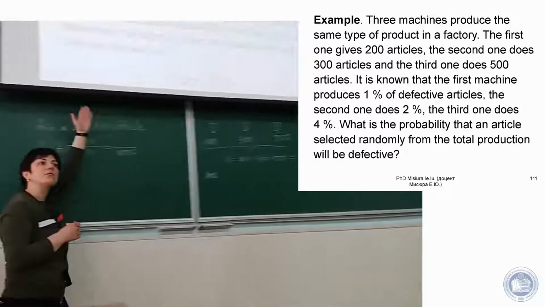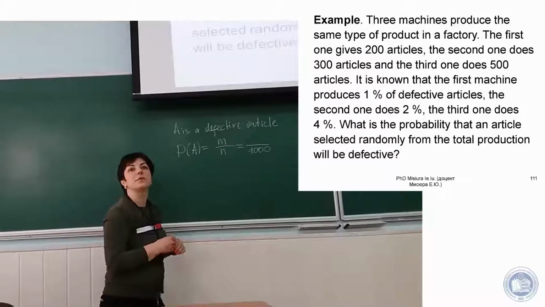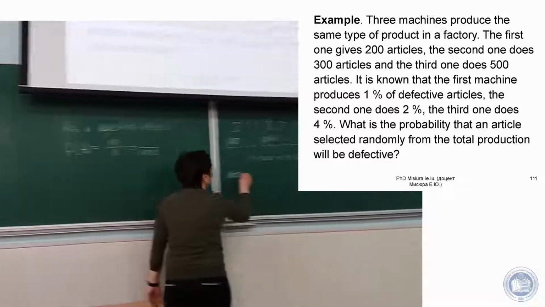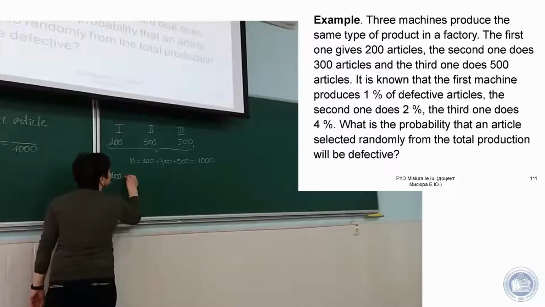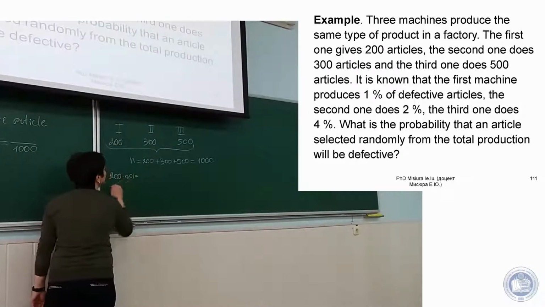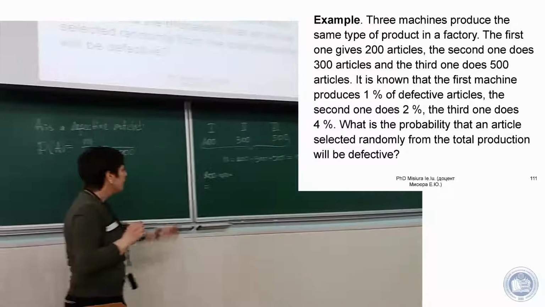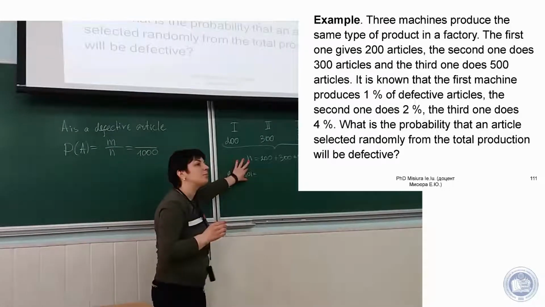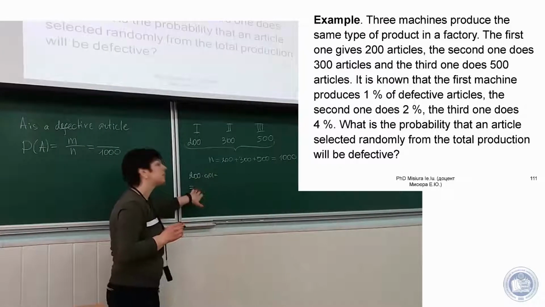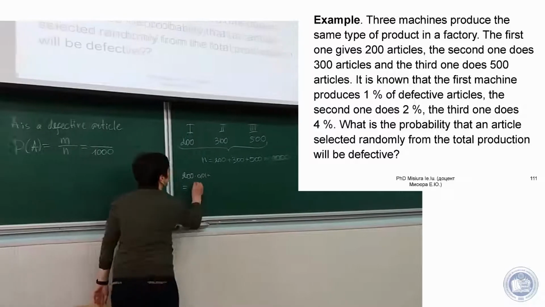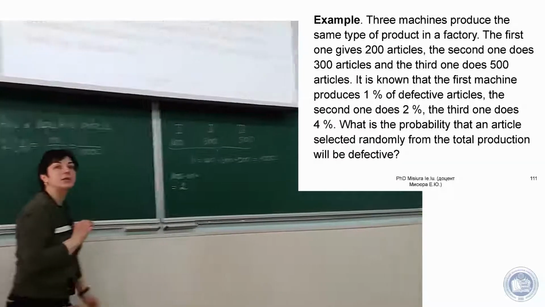What percent of defective articles do you have? 1%, which means 0.01. If you take 200 and multiply by 1%, you can get 2. It's the number of defective articles.